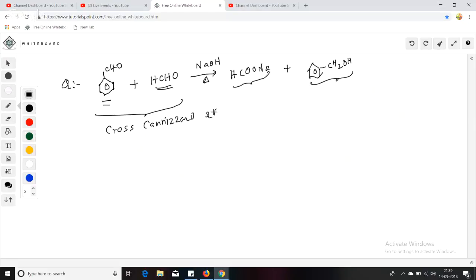In a cross Cannizzaro reaction, when one of the aldehydes is formaldehyde, it always undergoes oxidation. Formaldehyde always undergoes oxidation if it is present in the reaction. We already know that oxidation of aldehyde gives you acid, but since it is a basic medium, it won't form acid but forms the salt of the acid, and that's where we are getting HCOONa.